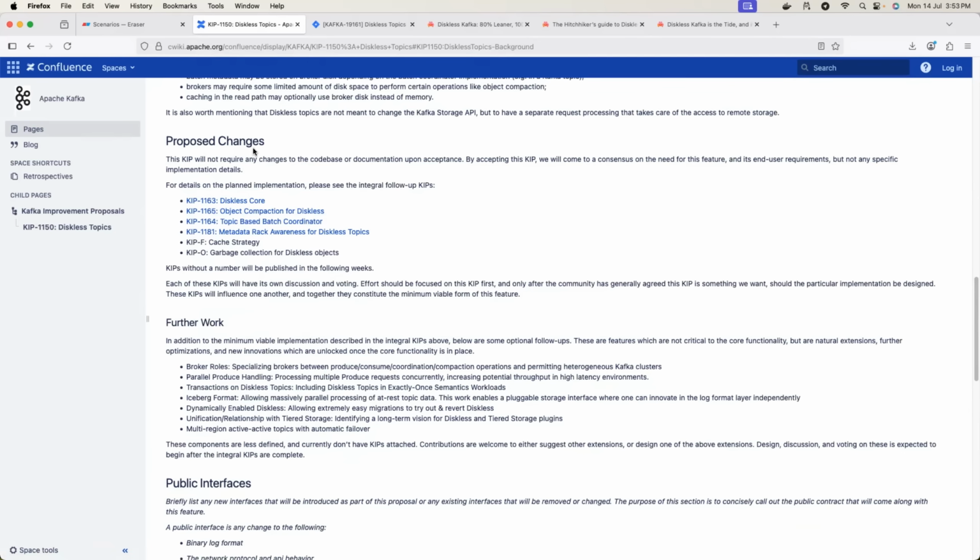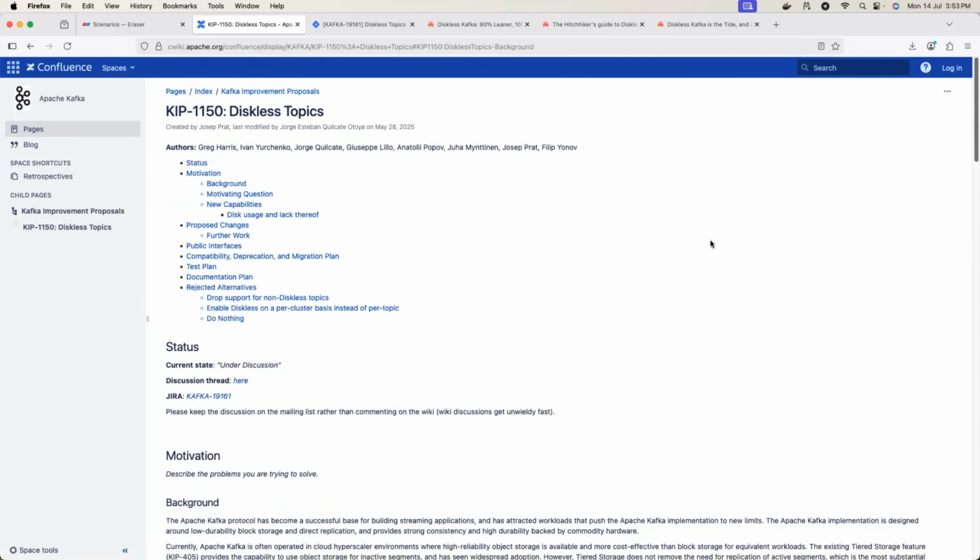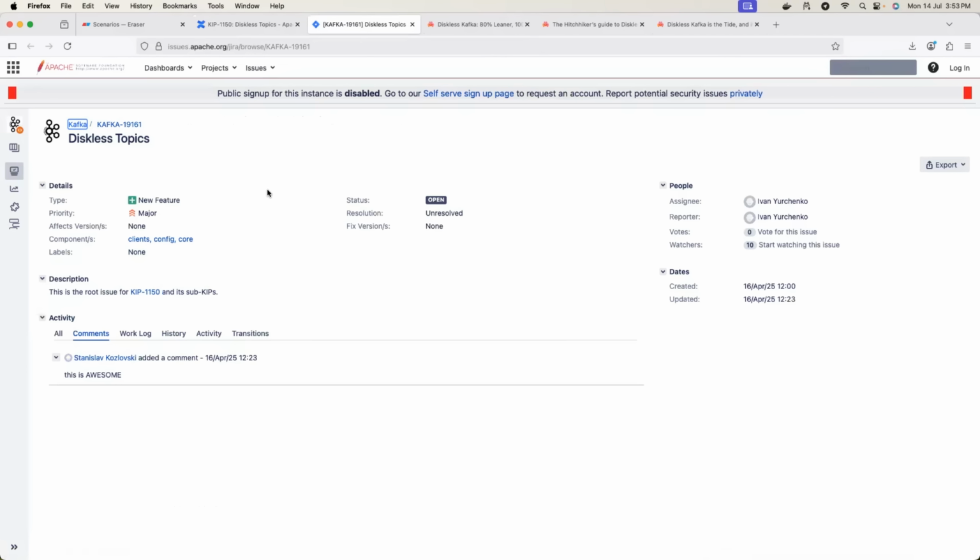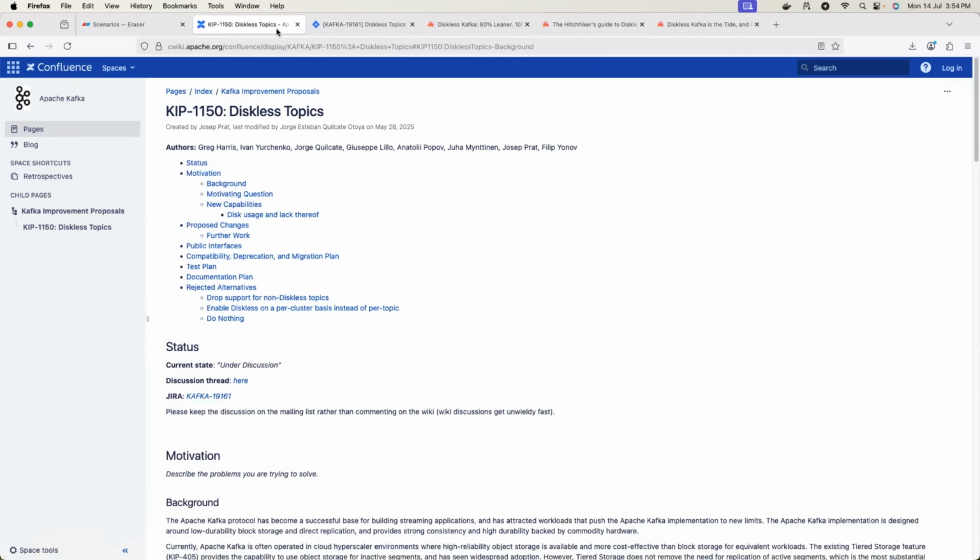There is also a Jira associated with this KIP, KAFKA-19161. You can find that link in the description as well. Through this Jira, you can see who is assigned the implementation and what the status is. So this is about KIP-1150 and how it can address the existing challenges with Apache Kafka.